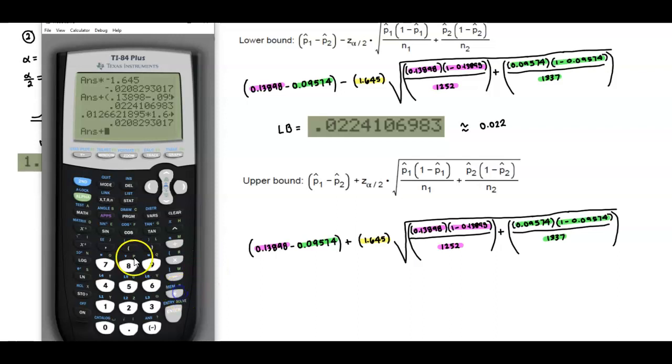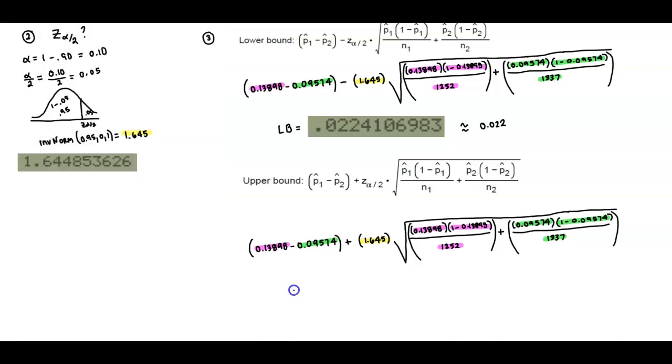Now we have this number times this, and we're going to add, following the order of operations, plus 0.13898 minus 0.09574. And now we're going to hit enter, and now we have our upper bound.